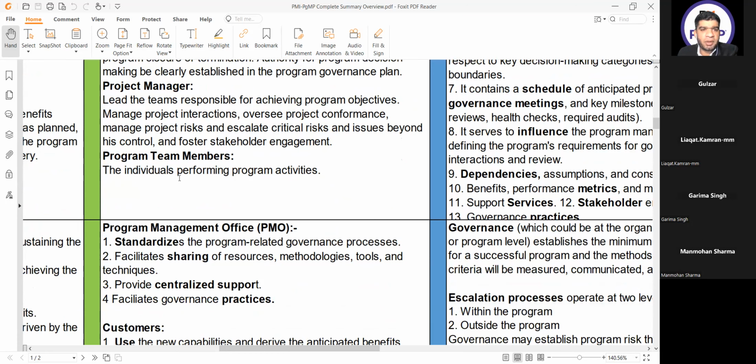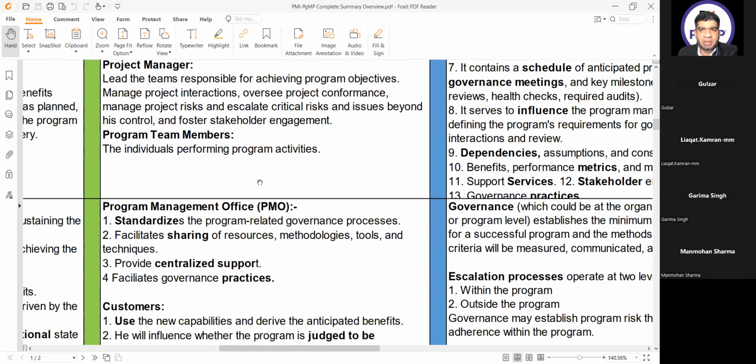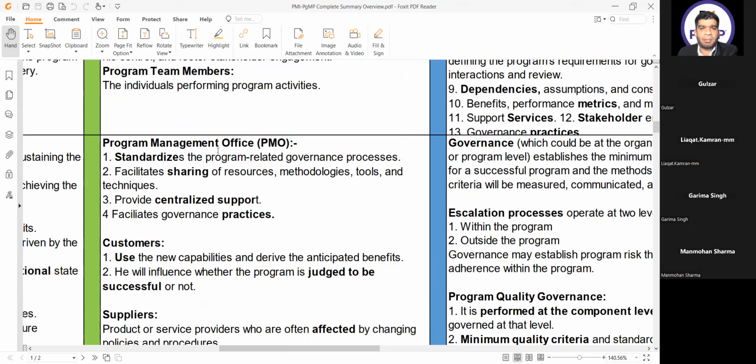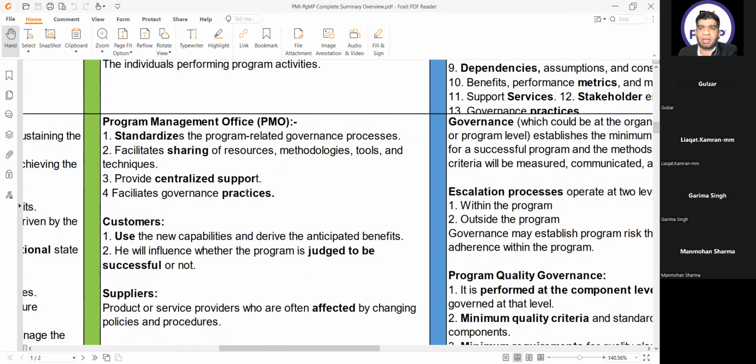Program team members are the individuals performing the program activities. Then we have Program Management Office, PMO. What are its roles? Standardizes the program related governance processes, facilitates sharing of resources, methodologies, tools, and techniques, provides centralized support, and facilitates governance practices.